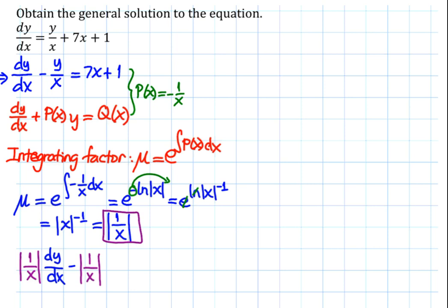And then I will rewrite, instead of y over x, I will write 1 over x and y in that form instead. And on the other side, I have negative, still the integrating factor of 1 over x, and then 7x plus 1, of course, in the standard form. So 7x plus 1.